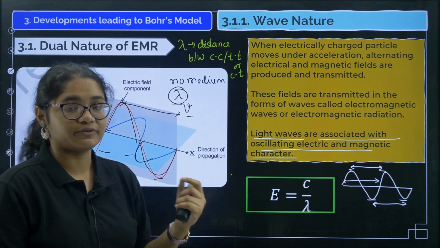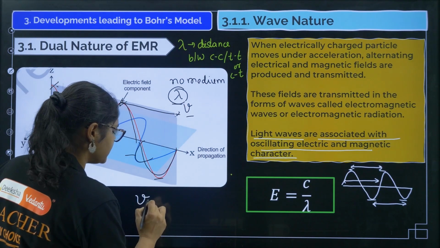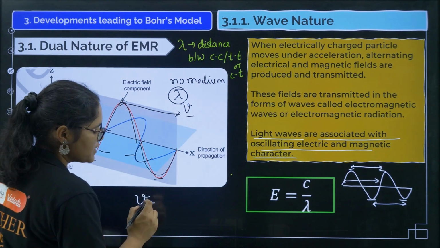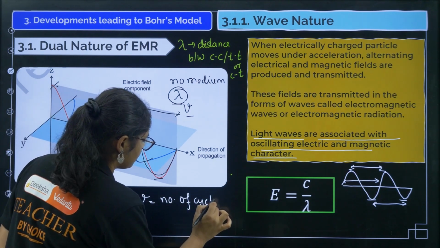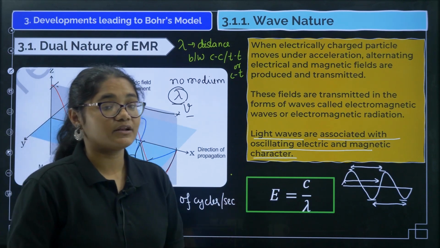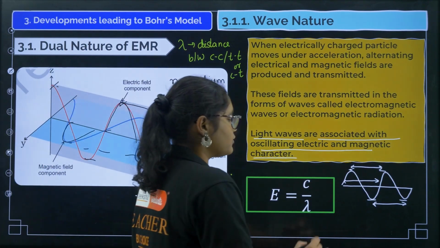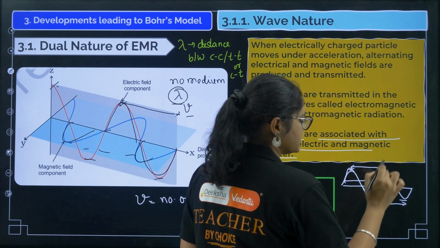The next thing is frequency. Frequency is denoted by the Greek letter nu, and it is the number of cycles per second. What is a cycle? If you complete one crest and one trough, that is one cycle.